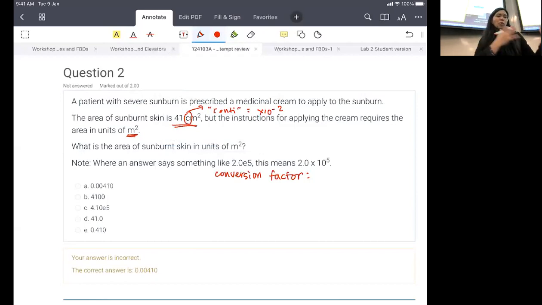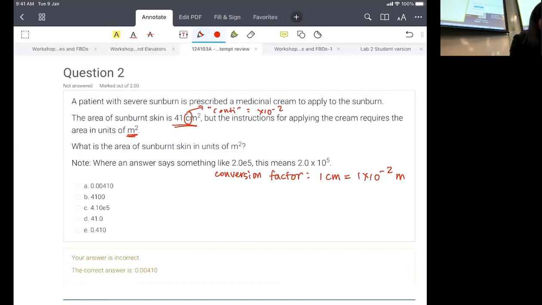If you know that 100 centimeters equals 1 meter, you can also do that. So you know that 1 centimeter is equal to 1 times 10 to the minus 2 of the meter, because the prefix centi is 10 to the minus 2.